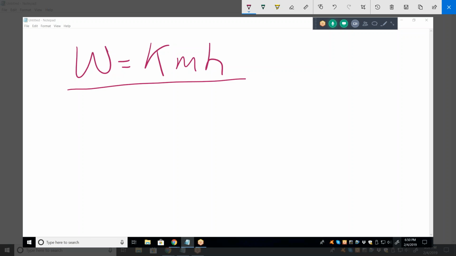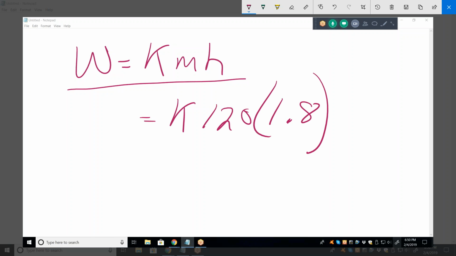Now they're going to give you enough information to let us solve for K. What's the rest of it say? Okay, so the work done when a 120 kilogram object is lifted 1.8 meters is 2,116.8 joules. Okay.